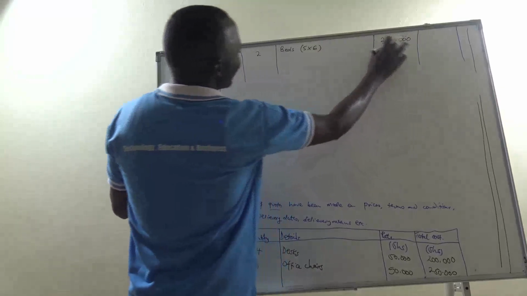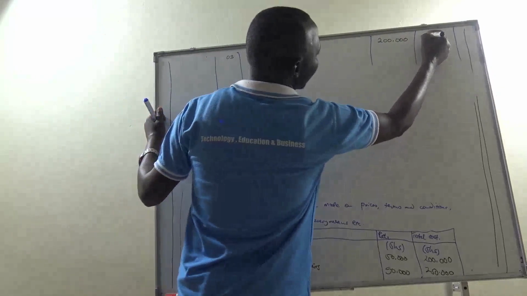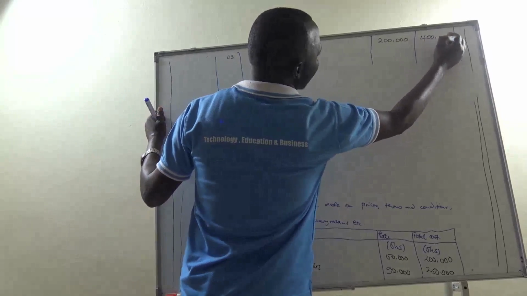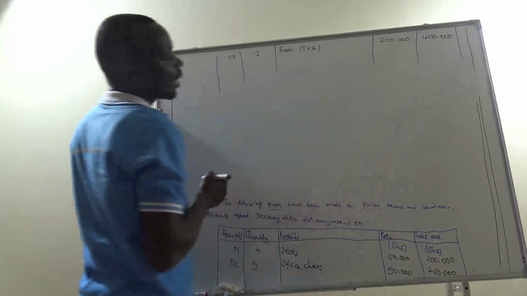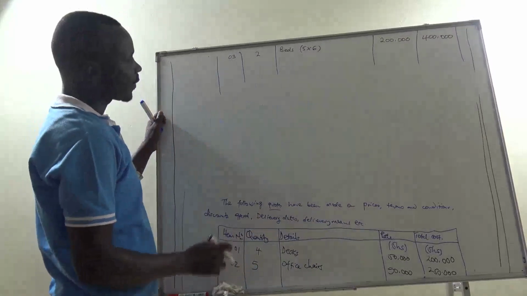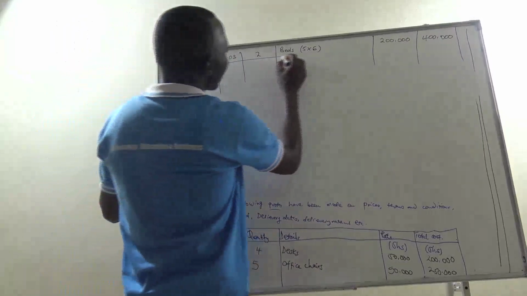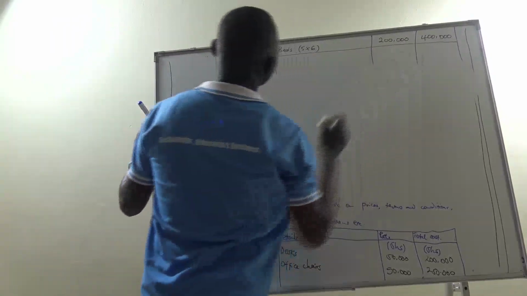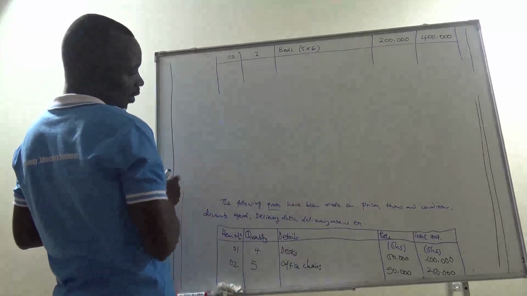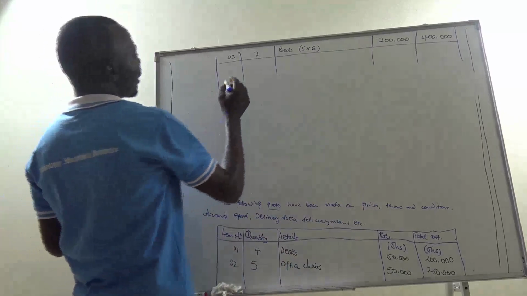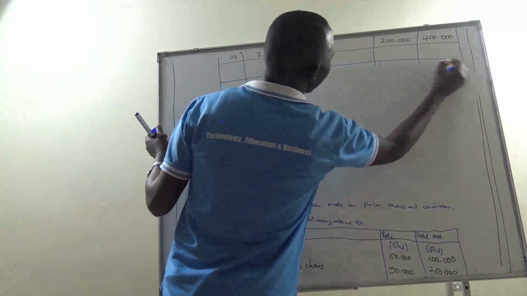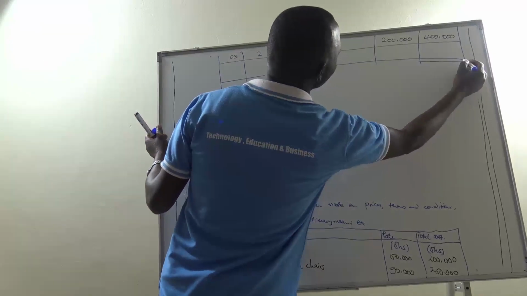When you multiply, you get 400,000 shillings. And we are assuming that these are the items. So you put your line here. Yes, put your line there. Another one here. Have double lines to show that we are ending.